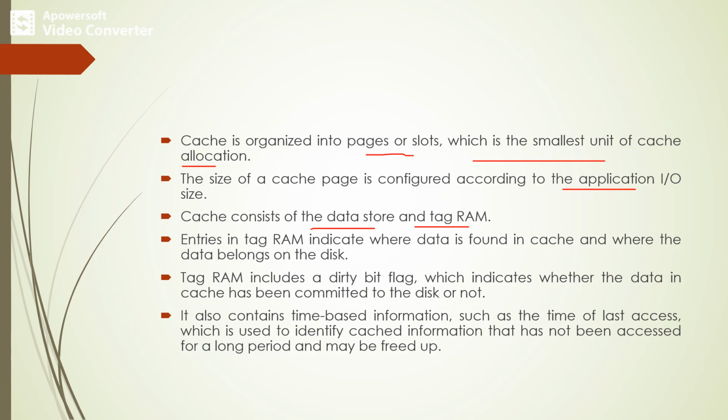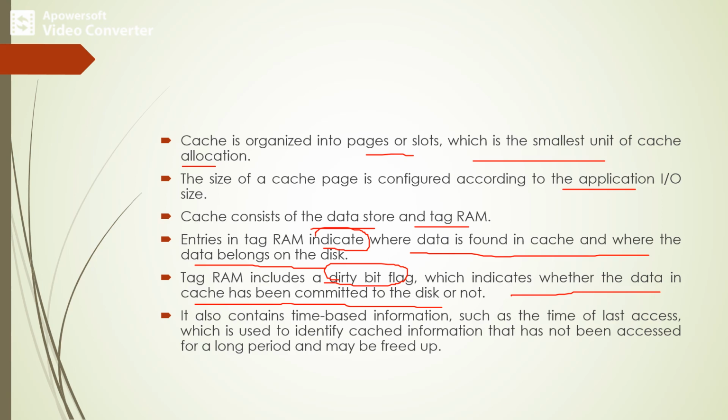Each entry in the tag RAM indicates where the data is found in cache and where the data belongs on the disk. The tag RAM includes a single bit called the dirty bit, which indicates whether the data in the cache has been committed to the disk or not.